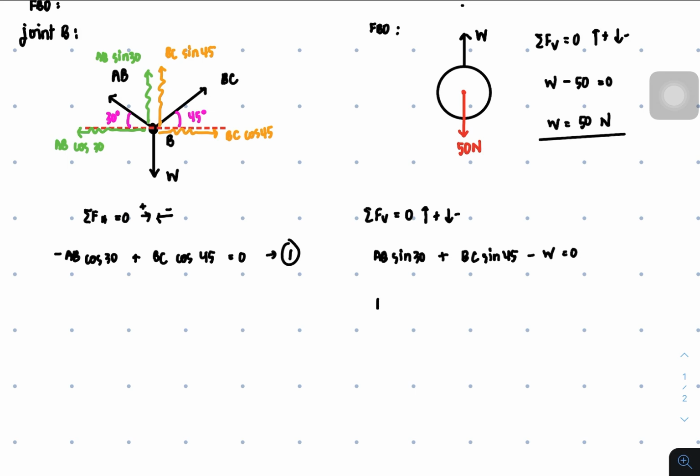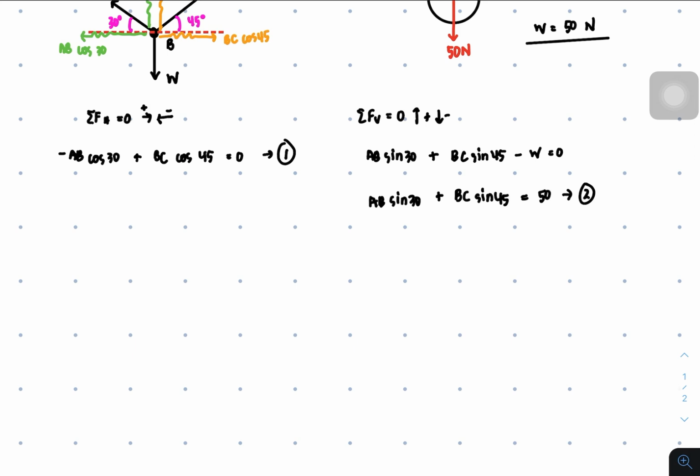So for AB sine of 30, let me rewrite, plus BC sine of 45, transposing W to the other side will become positive W, but what is W? Equal to 50. So this is equation number 2.